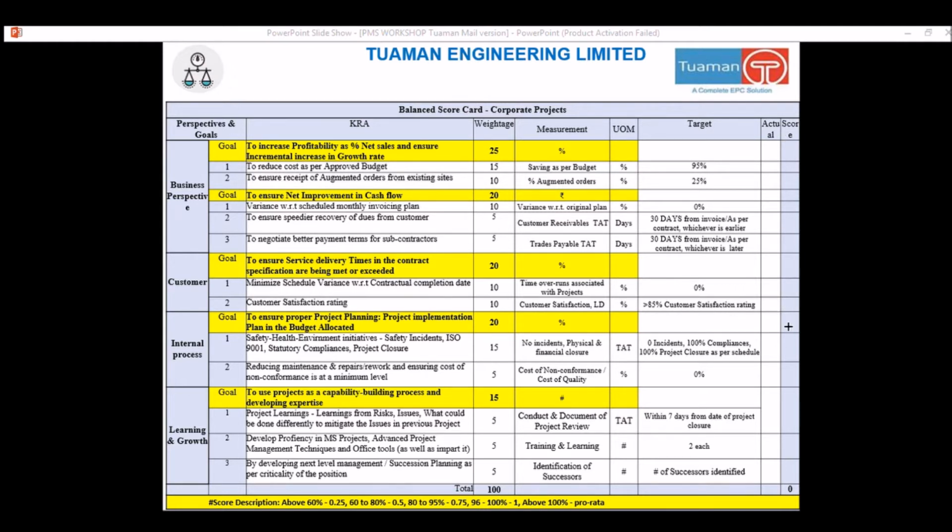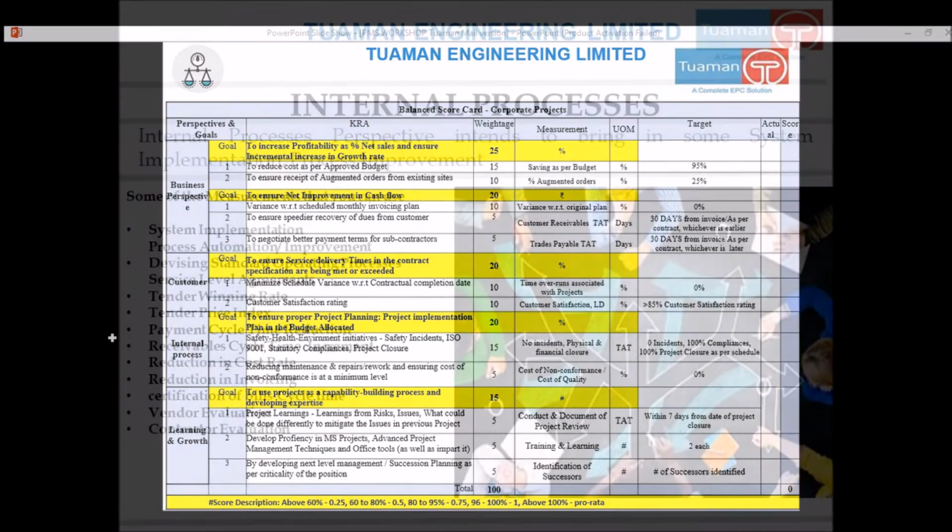Safety, health, environmental norms, zero incidents, ISO compliances, statutory compliances, project closure is something that improvement in the processes will help this norm.